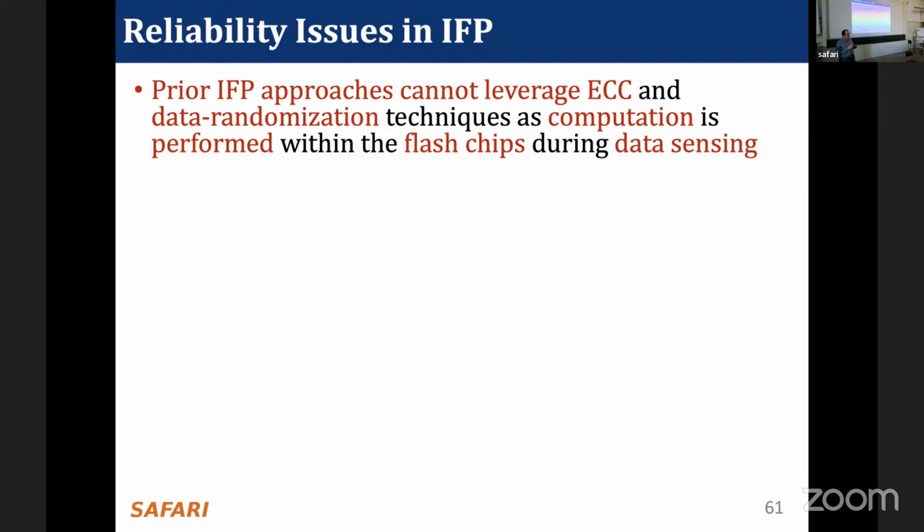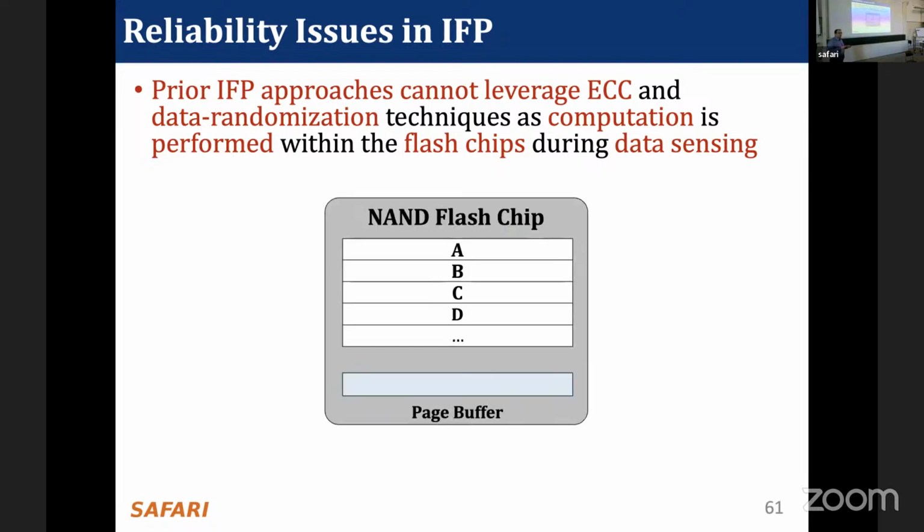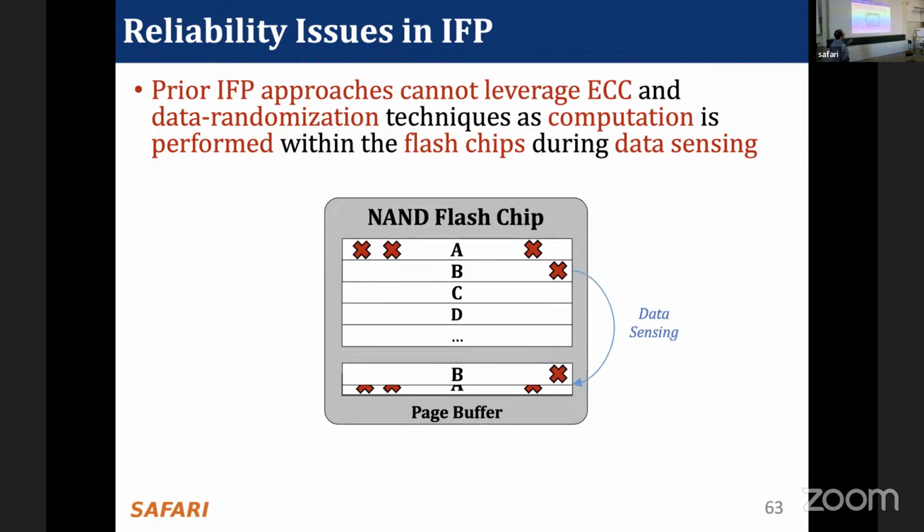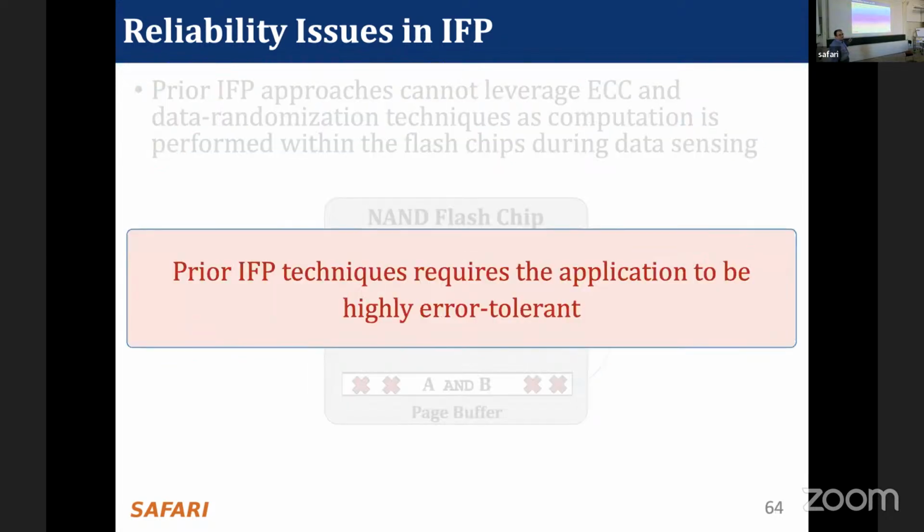Since there is no randomization and ECC support, we have errors. When we read operand A, there are some errors, and when you accumulate, there are more errors. In the end, prior in-flash processing techniques require the application to be highly error tolerant.